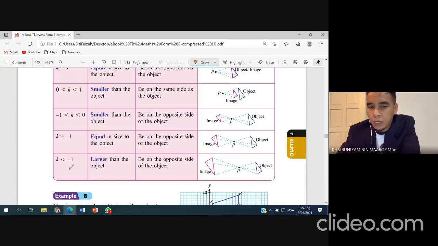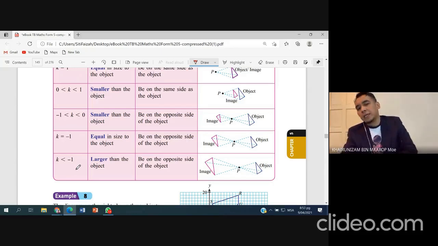Okay, if K is less than -1, that means -2, -3, -4, okay? Because -2 is smaller than -1, isn't it?